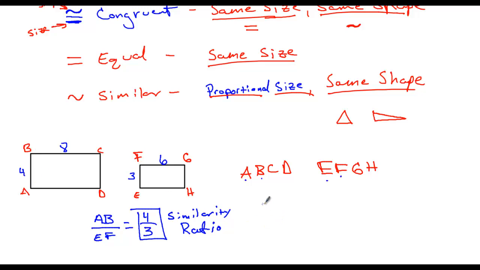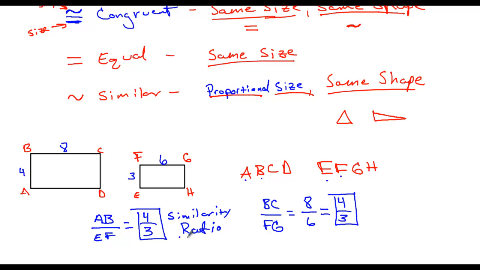Now I'm going to check and see if it exists between the other two sides. So I'm going to check side BC over FG. Well, BC is 8 and FG is 6. Well, 8 over 6 is not 4 over 3, except that it really is. We just reduce this. 8 over 6 can both be divided by 2, so we get 4 over 3.